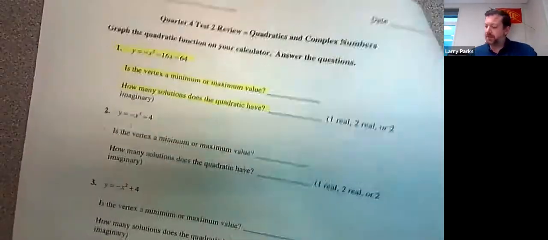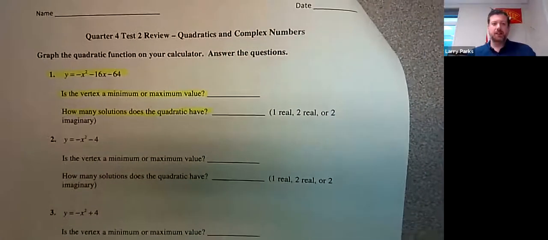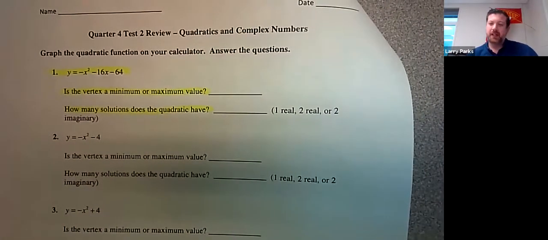All right, so I'm going to skip over to complex numbers. Well, first, we have something quadratic. This is called standard form right here.